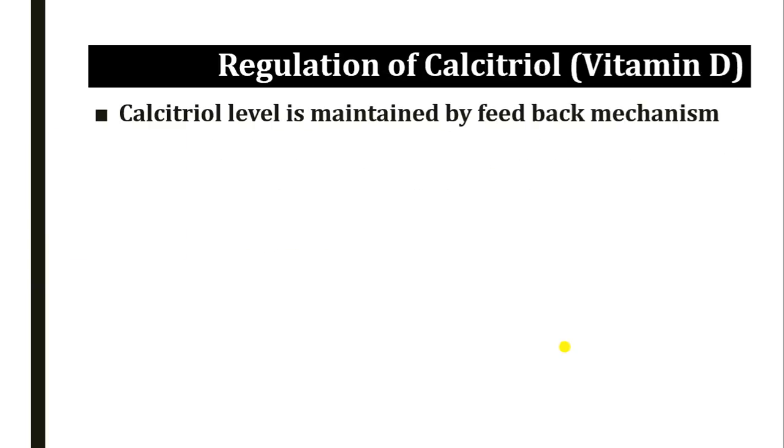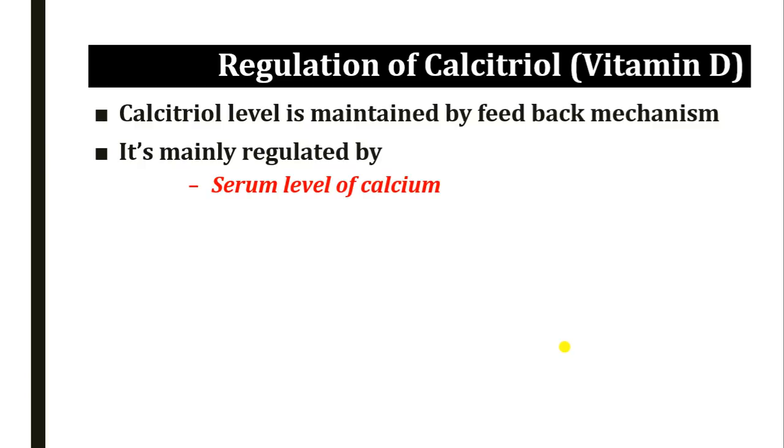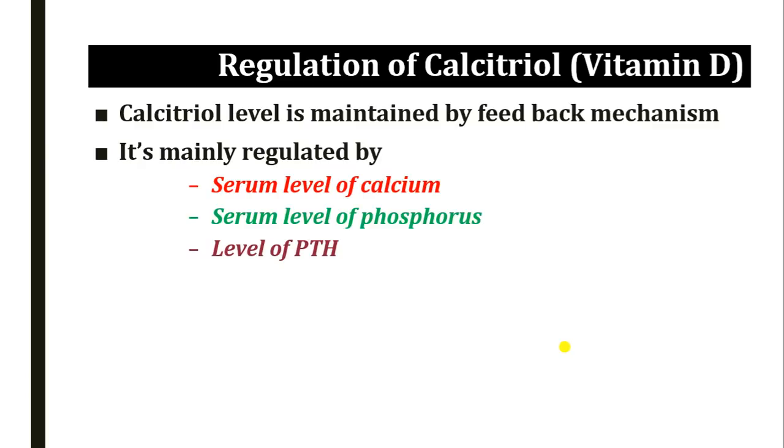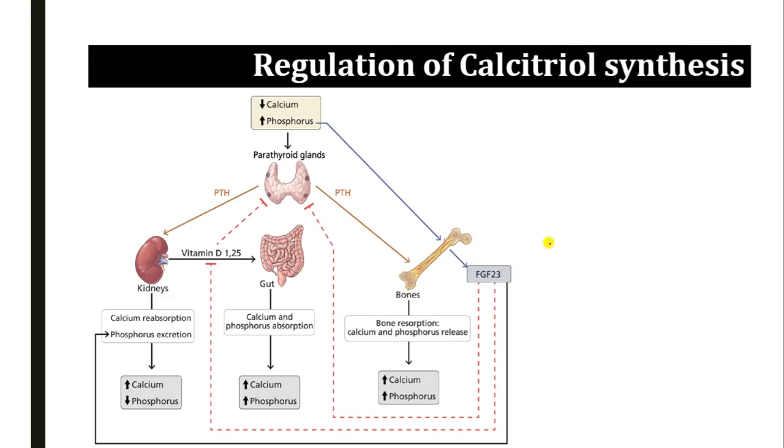Also the regulation. Calcitriol level is maintained by the feedback mechanism mainly, and it is also regulated by serum calcium level, serum phosphorus level, level of PTH, that is parathyroid hormone, as well as by the level of calcitriol itself, as by feedback mechanism. We'll see how.